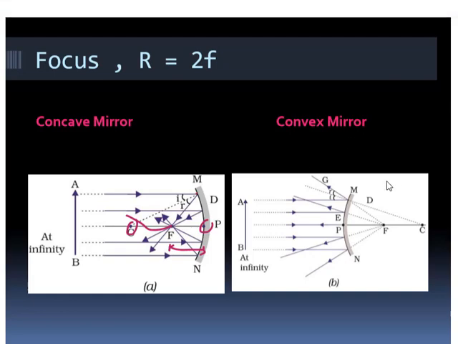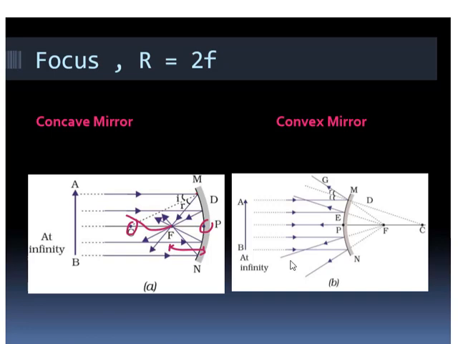Okay, in case of convex mirror also, this object is at infinity, this is convex mirror. Here these incident rays will be incident at different points of the mirror, and they will get reflected back. After reflection, if you pull these reflected rays in the backward direction virtually, then they will pass through the focus.